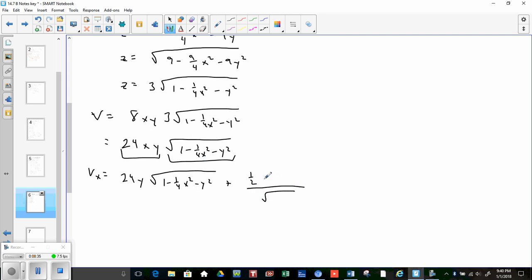I'm not going to fill all that in right now; I will later if I need to. Times the derivative of what's on the inside with respect to x. Well, that part is 0, that part is 0. So this one is going to give us negative 1/2 x. And all of that is just the derivative of this piece times the first piece, which is 24xy.